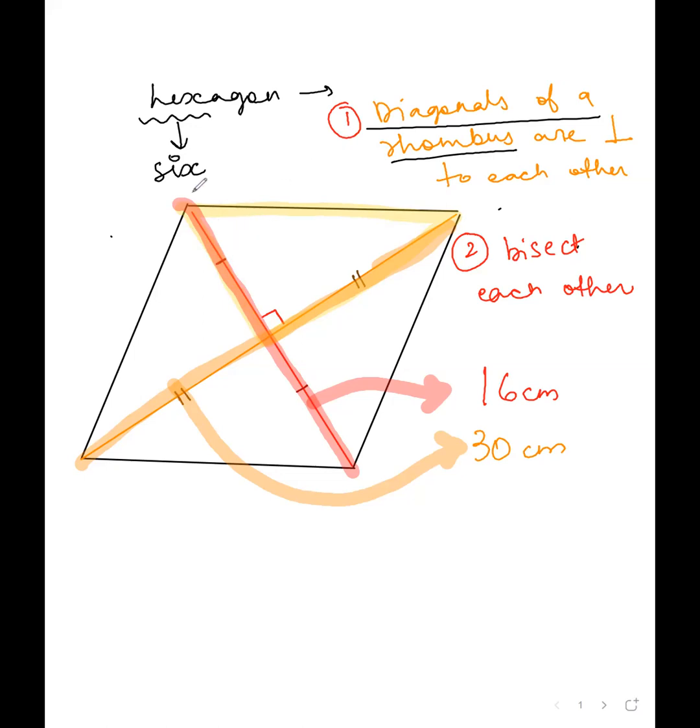The yellow one. Very good. So this is 8, from here to here. From here to here is 15. I'm sorry, I didn't write the unit. It's important to write the units. 8 centimeters, 15 centimeters, and this one is x. From here to here, we can call it x.